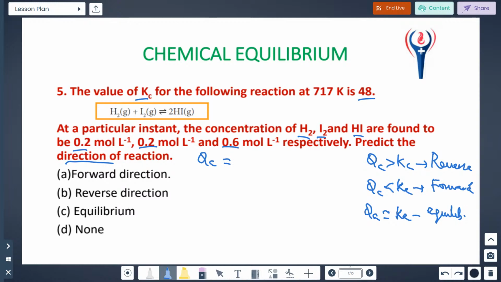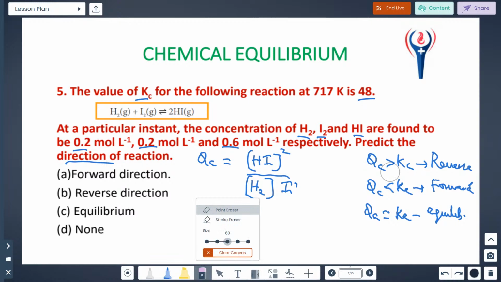Qc: the product is HI, concentration power 2, divided by the reactants H2 and I2. Here there are no numbers of moles, so you just write as it is. I'll just write product by reactant, that's all.